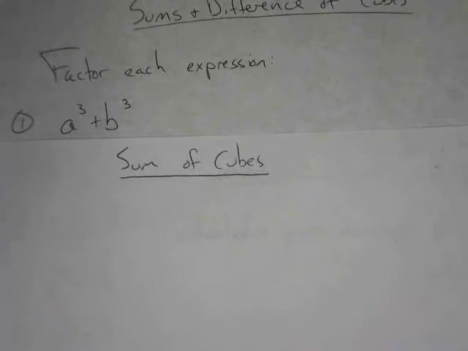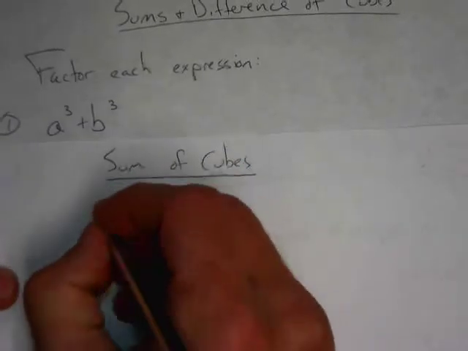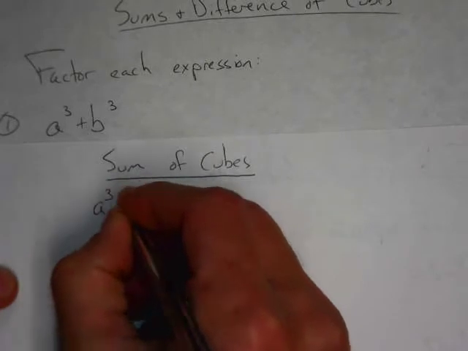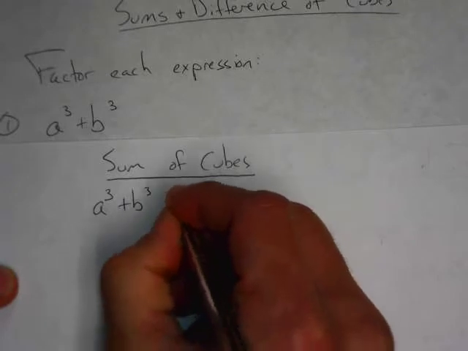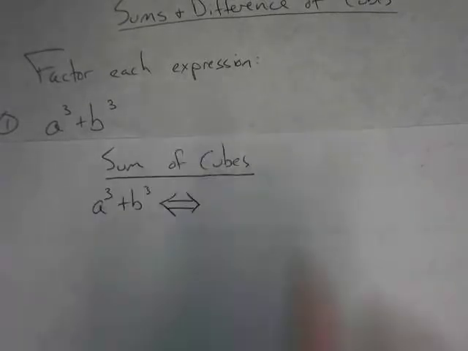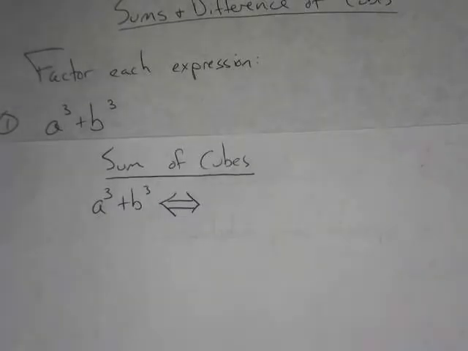So we now have a formula-ish format for factoring a sum of cubes, because it just seems to always work out this way. Whenever you have a sum of cubes, it can be factored into the same exact product every time.